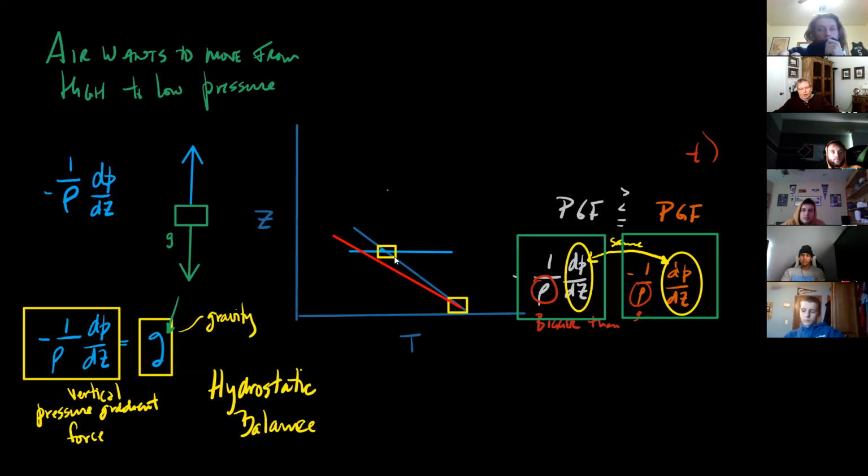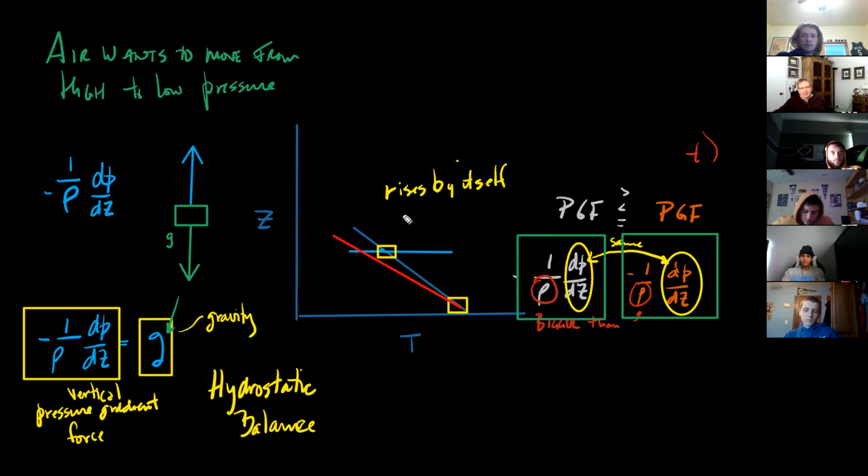Yes. If it's warmer, the density of the parcel should be less, which makes this value bigger. So this upward force is bigger than gravity. So what will the parcel start to do? It'll rise by itself.